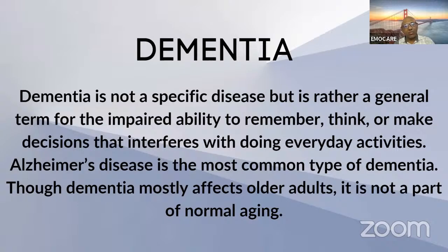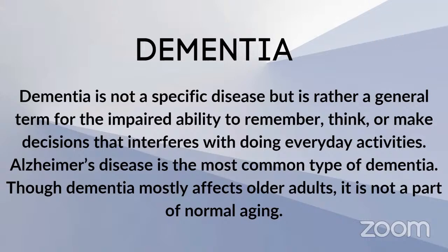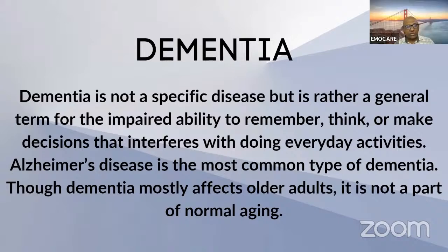Alzheimer's disease is the most common type of dementia, so one of the aspects which comes under dementia is Alzheimer's. Though dementia mostly affects older adults, it is not a part of normal aging. It is not a specific disease; it's a general term for the impaired ability to remember.